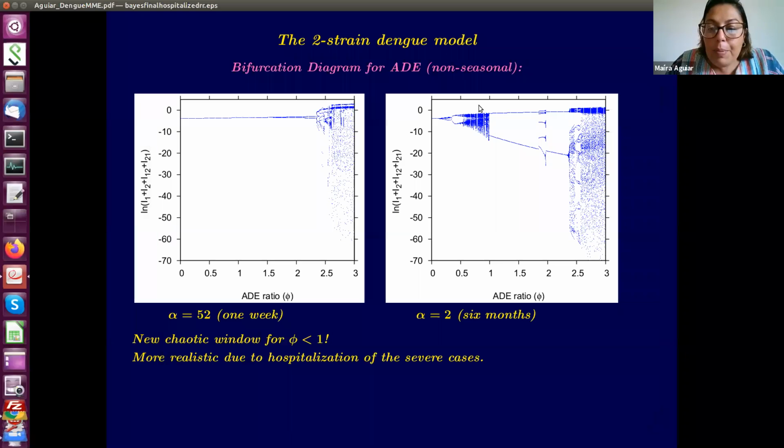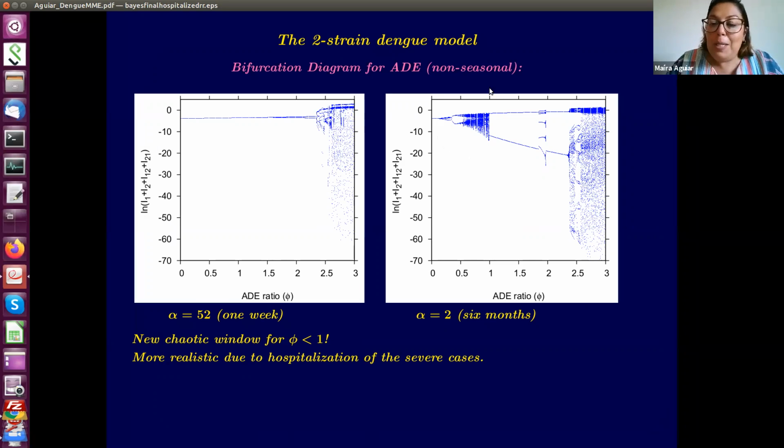Okay. Notice that the system, let me share again so you can see it, I can come back if you have more questions. This is the behavior for the non-seasonal model. Without seasonality, by only adding the structure of strains, we get this complicated dynamics.